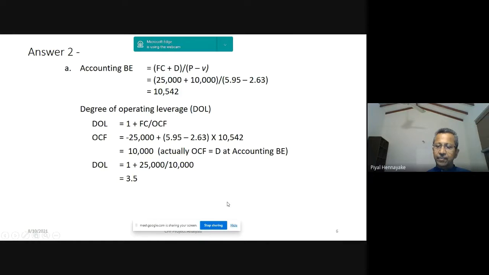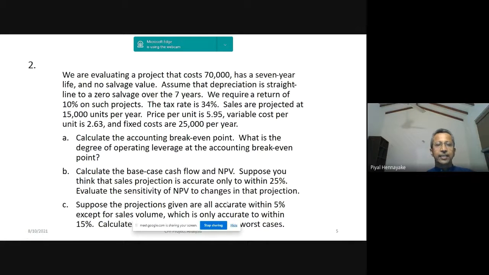We'll see the second B part. Calculate the base case cash flow and NPV. Suppose you think that the sales projection is accurate only to within 25%. Evaluate the sensitivity of NPV to changes in that projection.